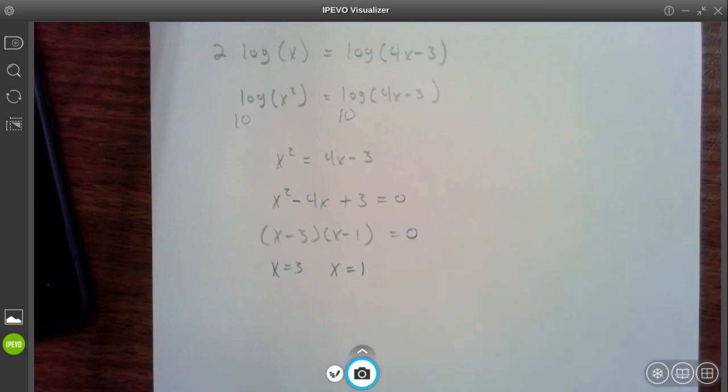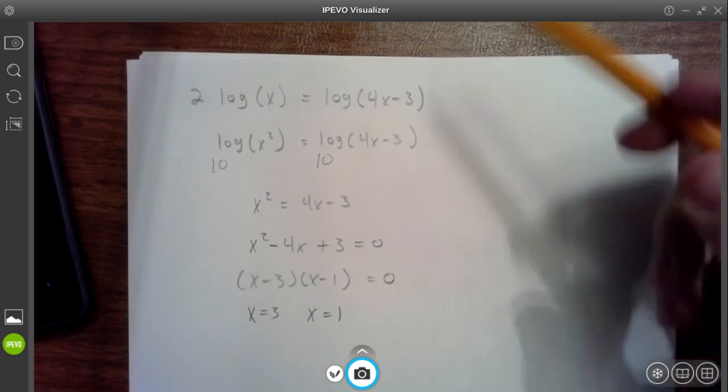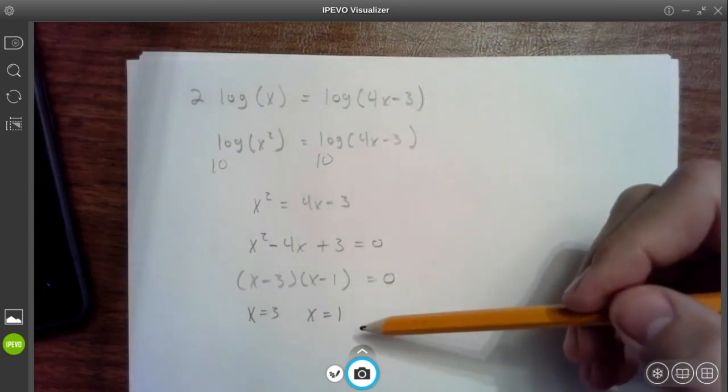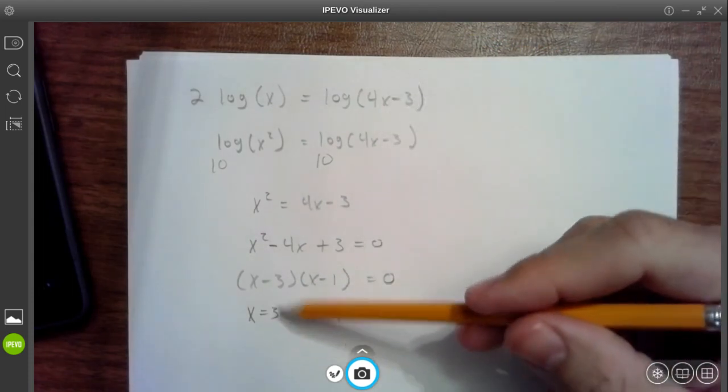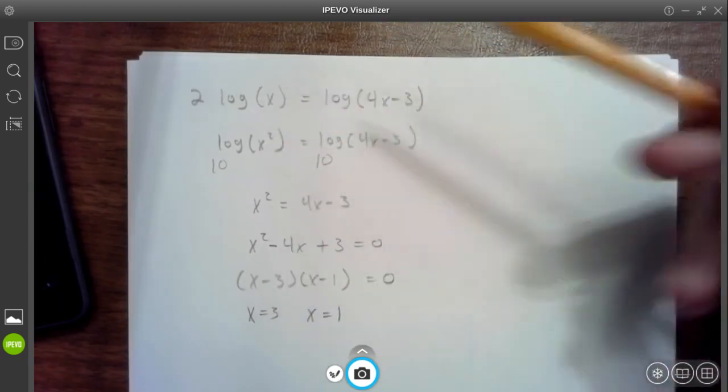Maybe. You do want to actually check these solutions because it is possible that you could wind up with extraneous solutions here. So when you're plugging in these values, just make sure that you don't get anything negative. That's going to be the sign, the thing to look for. All right, if you do log of 3, that's fine.